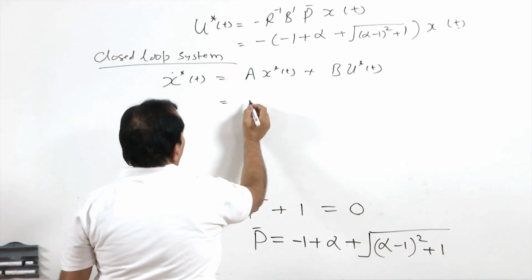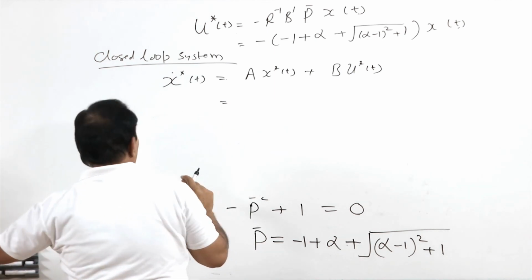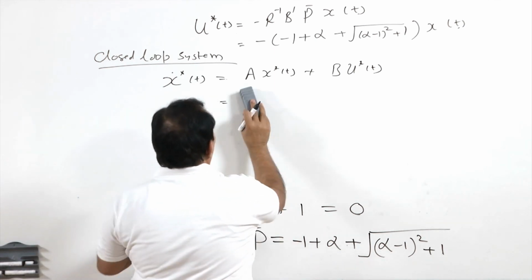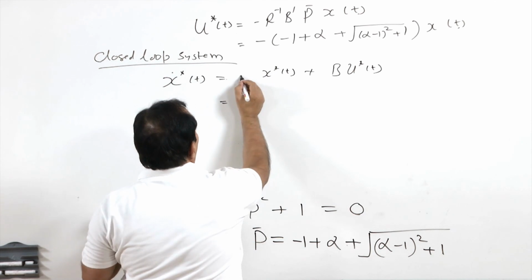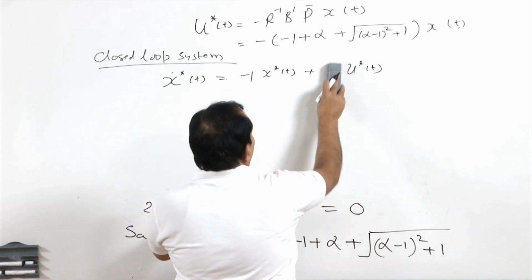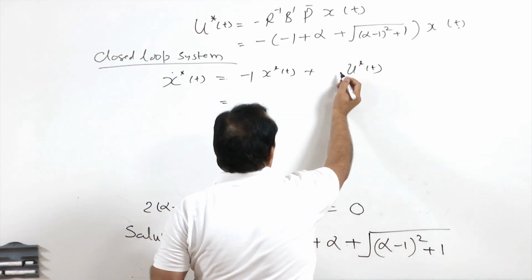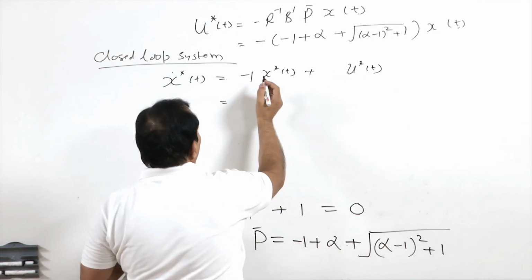and u star of t is, so we will have A is minus 1, B equal to 1, u star of t.